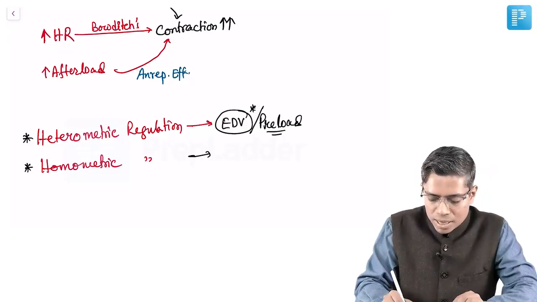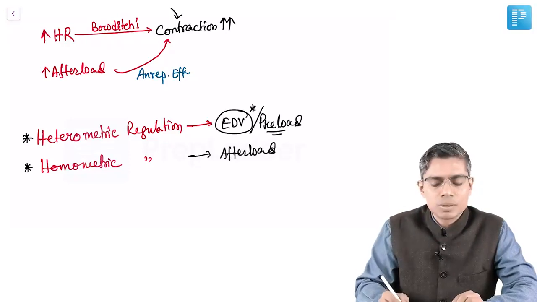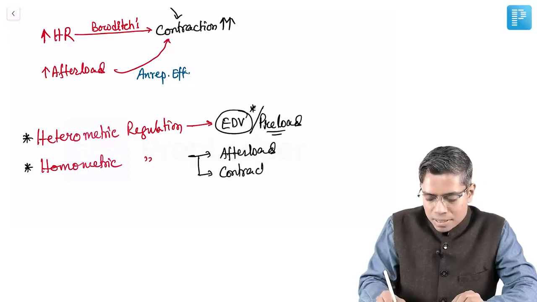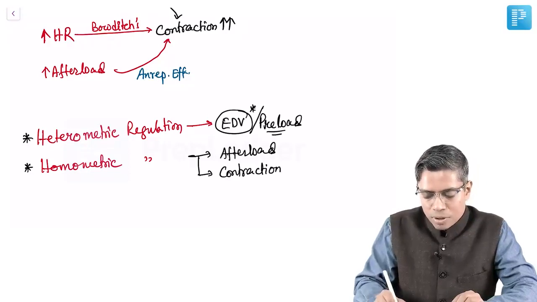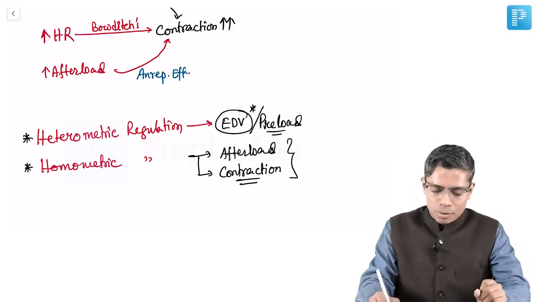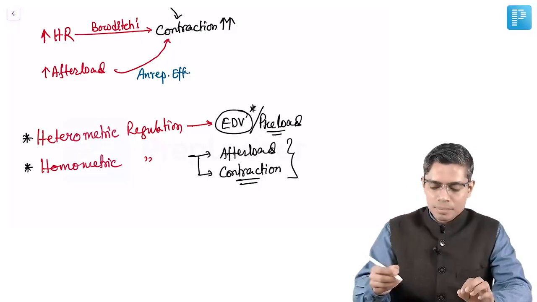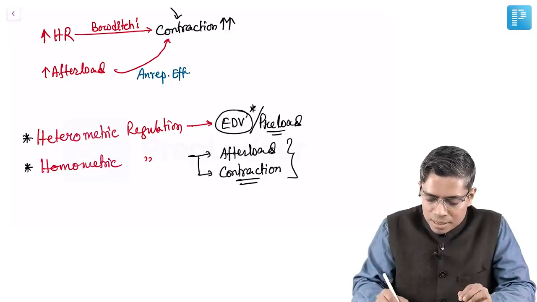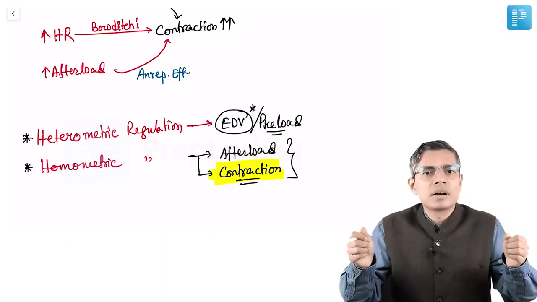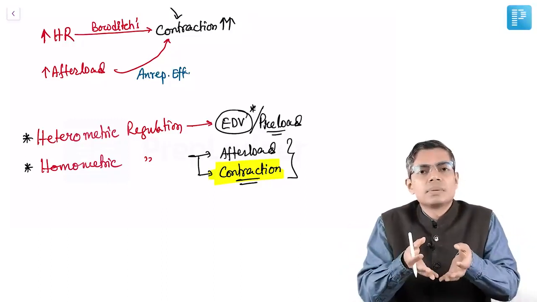The other two methods, increasing or decreasing the afterload, changing cardiac output, is homometric regulation, as well as increasing or decreasing contractility, force of contraction, by the sympathetic or parasympathetic system. This is also under homometric regulation, because here if you are changing the force of contraction of the myocardium by the sympathetic system, you are not changing the length of myocardium, you are only changing the calcium content of the myocardium.